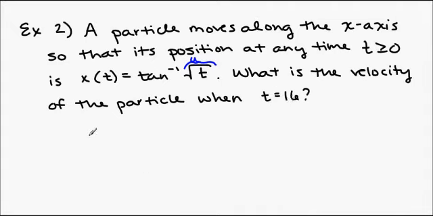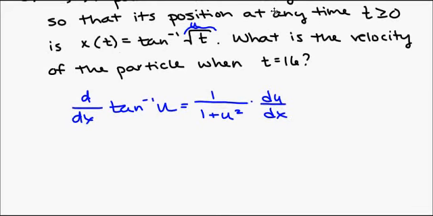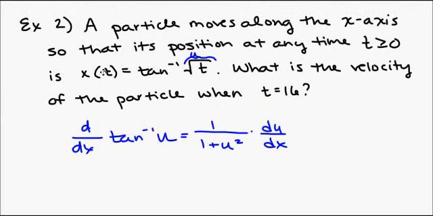Okay, so recall that the derivative d dx of arctan u is 1 over 1 plus u squared du dx. And in this case, we have a position function, x of t. We want to know the velocity.